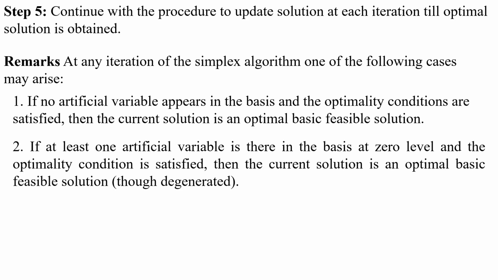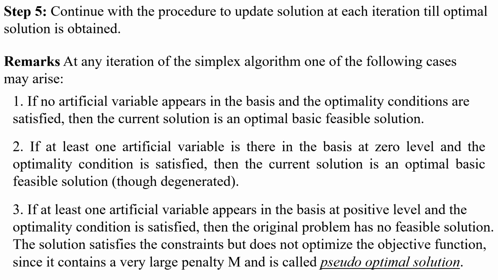The second case is, if at least one artificial variable is in the basis at zero level and the optimality condition is satisfied, then the current solution is an optimal basic feasible solution, though degenerate. This means all the zj minus cj are greater than or equal to 0, and an artificial variable appears in the basis, but its xb value is 0. So the present solution is the optimal basic feasible solution, though degenerate.